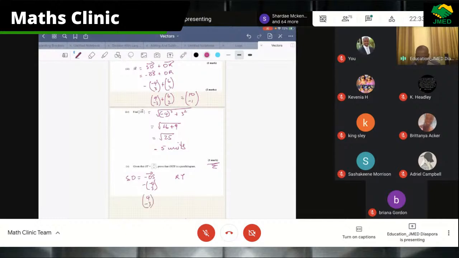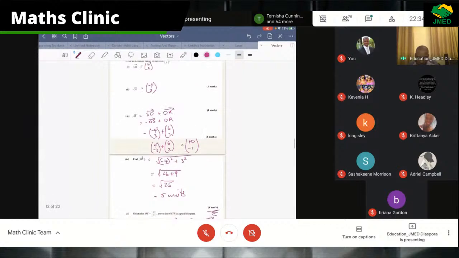Good? RT, let's work what RT is. RT is equal to RO plus OT, which is a negative of OR plus OT. OR was what?